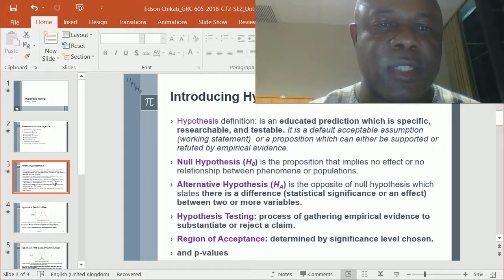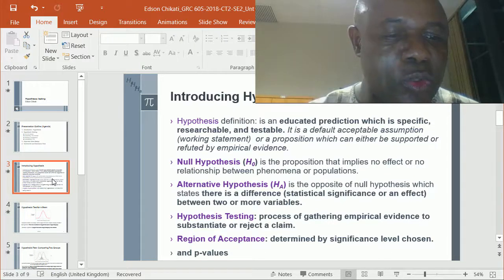Another concept is the region of acceptance. This is a region determined by the researcher, depicted by the significance level, which is arbitrarily chosen prior to conducting the research, and is measured by the p-values.